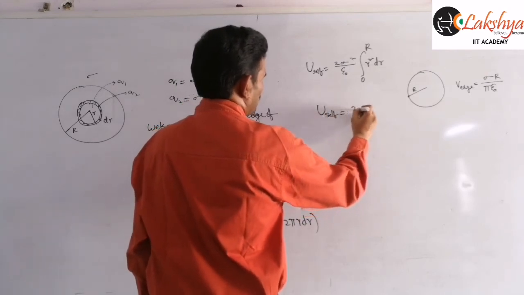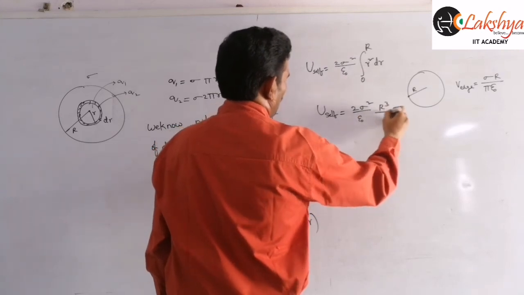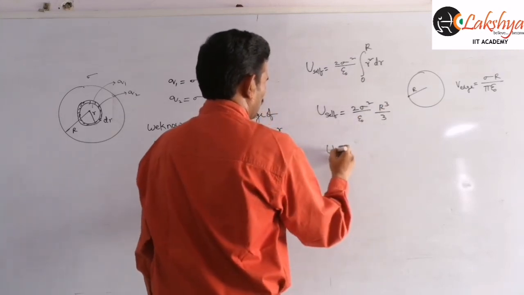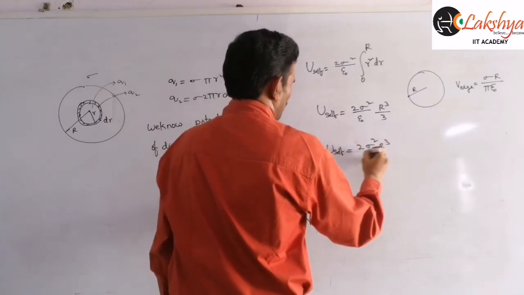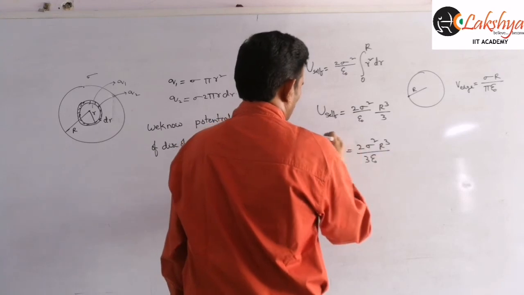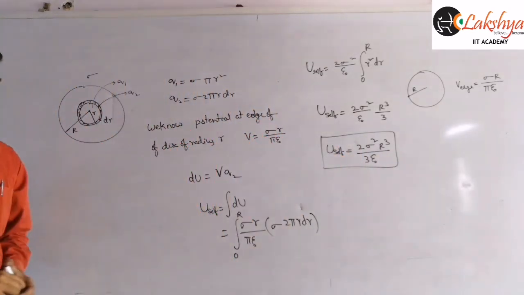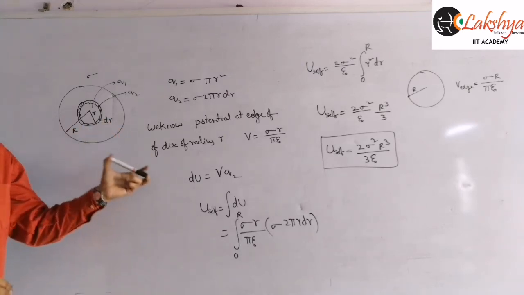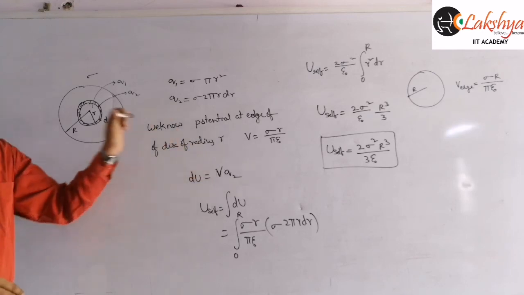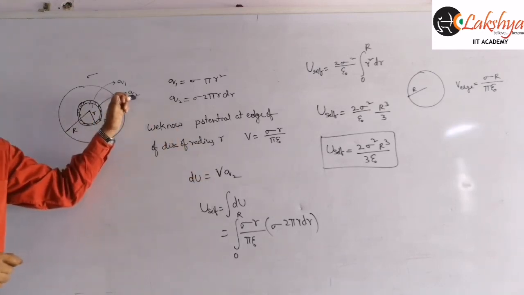So the self energy is 2 sigma square by epsilon naught into R cube by 3. Therefore, finally, the self energy is 2 sigma square R cube by 3 epsilon naught. That's the self energy of the disk. We take a small element, write the potential at the edge of the smaller disk, and in that potential this charge dq is present.